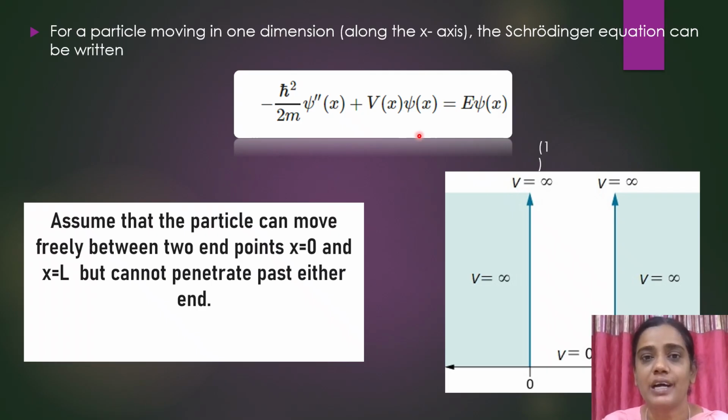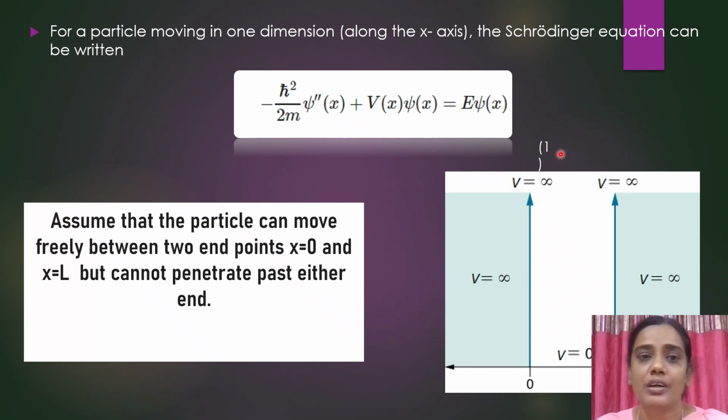You understand that looking at this equation, this is the Schrödinger equation in steady state form. In the last class we have seen and we have derived it. This is the Schrödinger time independent equation, or what we call the Schrödinger equation in the steady state form.